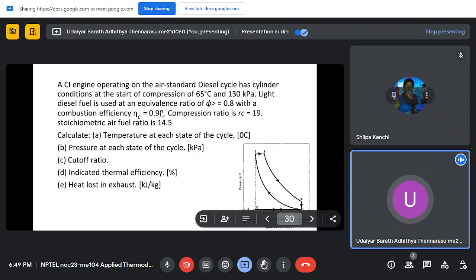So here the catch is they have given equivalence ratio and stoichiometric fuel air ratio. So this cycle is not operating at stoichiometric fuel air ratio, but phi is greater than or equal to 0.8. If we assume 0.8, this is a lean mixture.